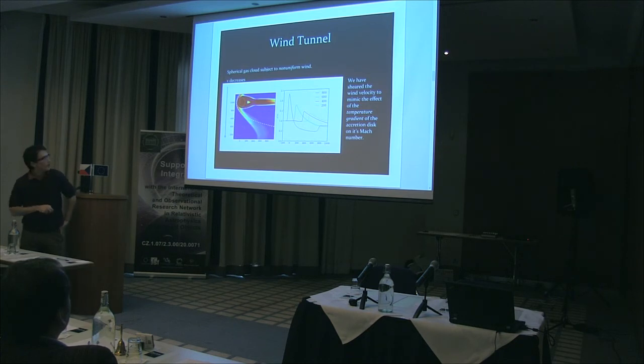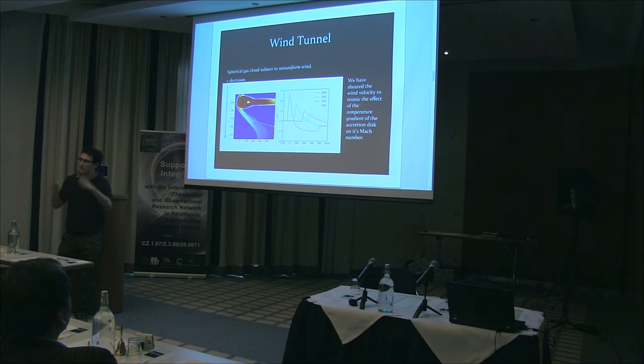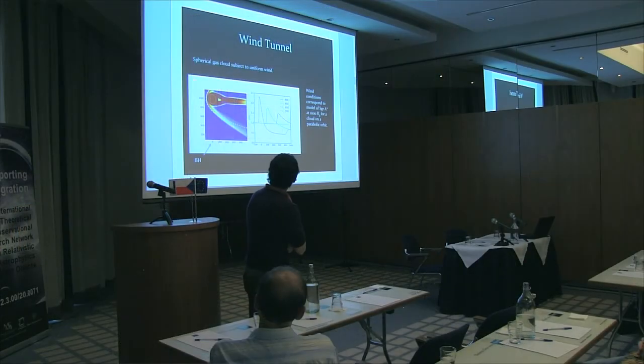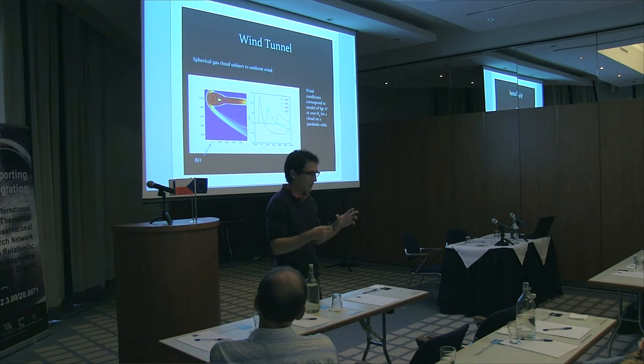So instead of applying a temperature gradient, which in this simple setup would have caused the flow to diverge because that would have caused a pressure imbalance, what we did is we sheared the velocity again, except this time we decreased the wind velocity.